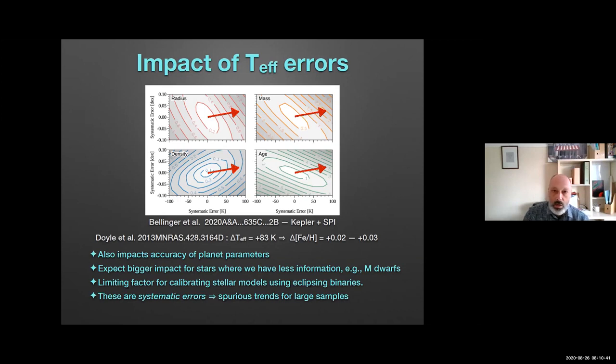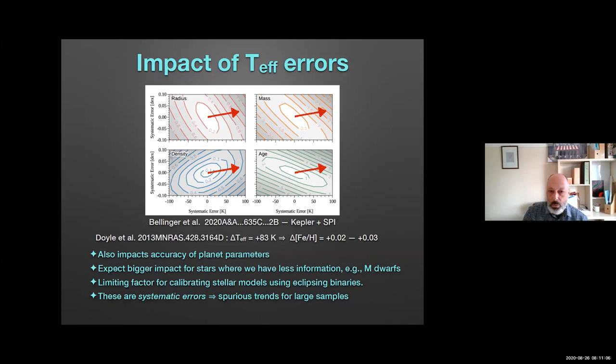The reason the arrow is sloped is because when you measure your metallicity, that also depends on temperature. So systematic errors in effective temperatures have a knock-on effect in terms of systematic errors in metallicities and abundance measurements. The systematic error on the y-axis is not independent of the systematic error on the x-axis.